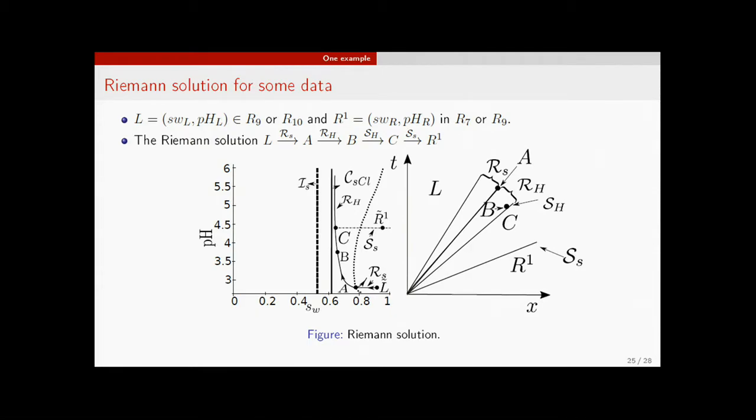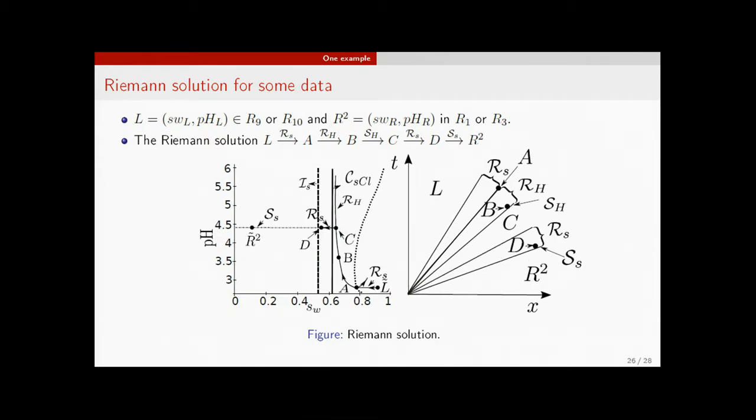This is an example where the left state is here, and the solution consists of a rarefaction, the Buckley-Leverett, followed by a chemical rarefaction and a shock. This is the composite of rarefaction and shock, and finally a Buckley-Leverett shock, as shown in this figure. This is the solution that satisfies the admissibility and geometric conditions.